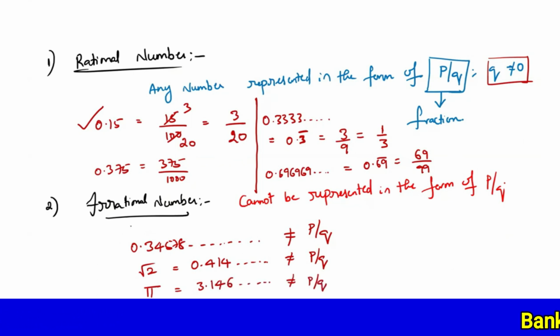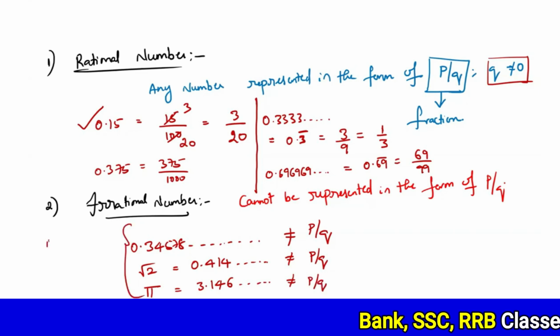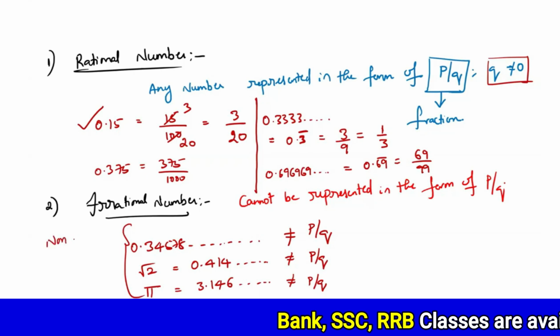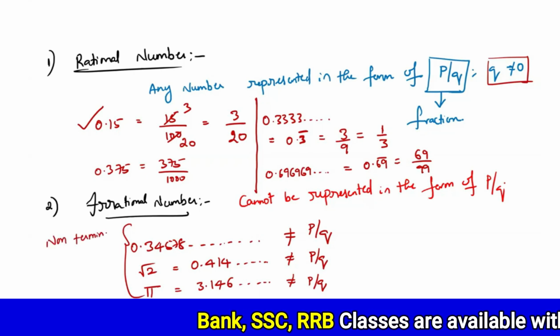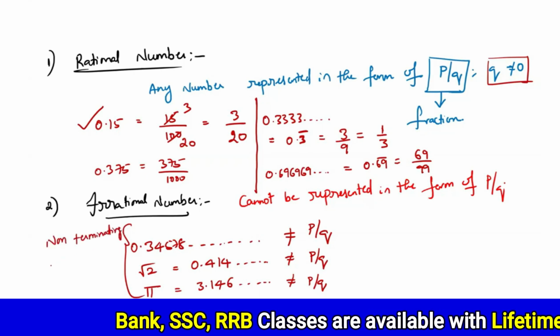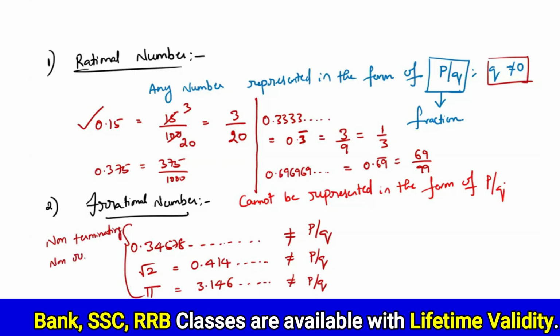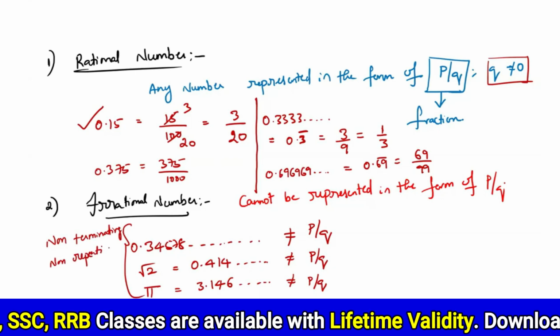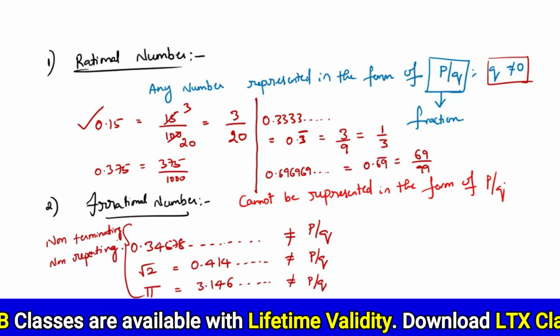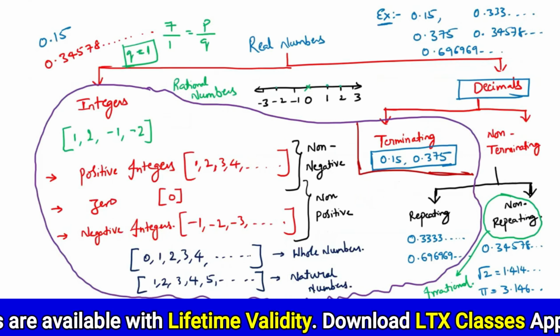So all these will be considered as irrational numbers, and moreover they are non-terminating, non-repeating. I hope the one who asked the doubt regarding the difference, it is clear now.